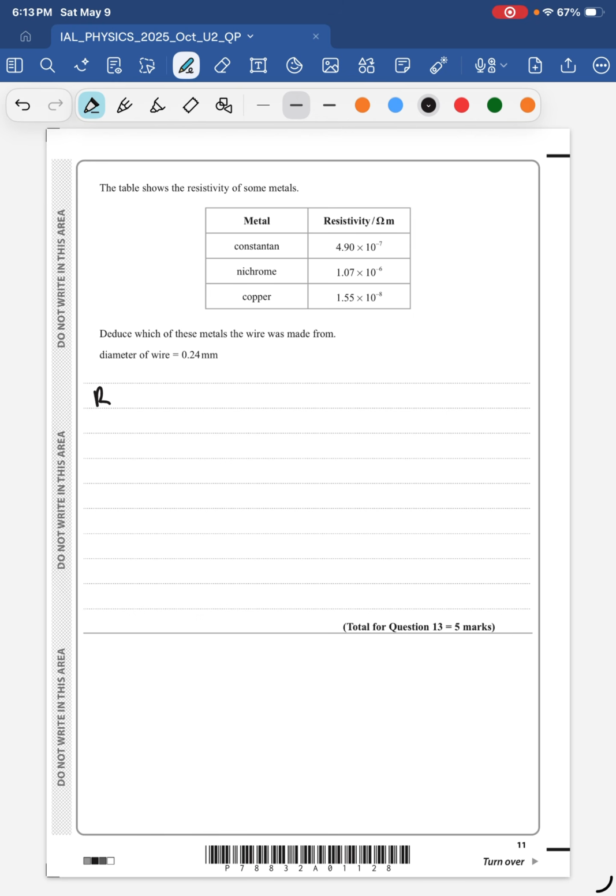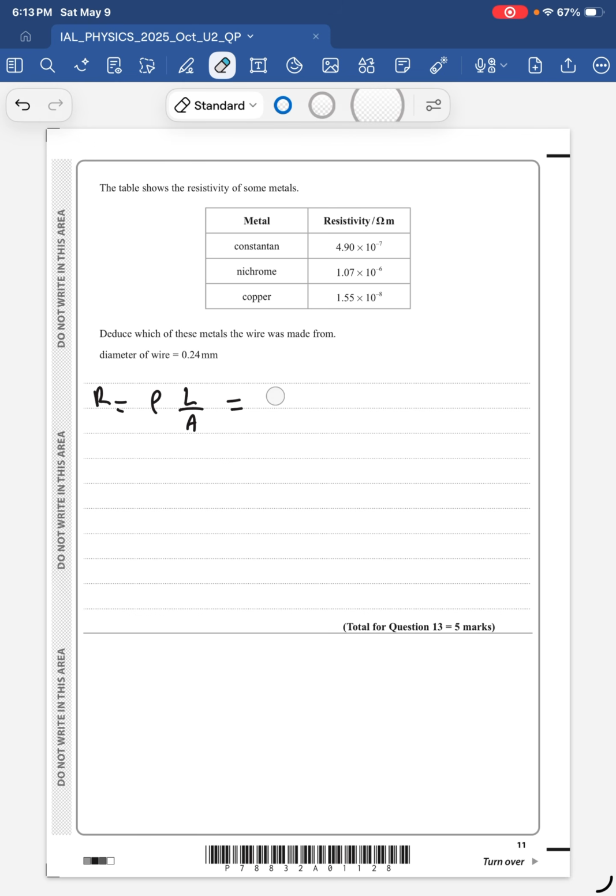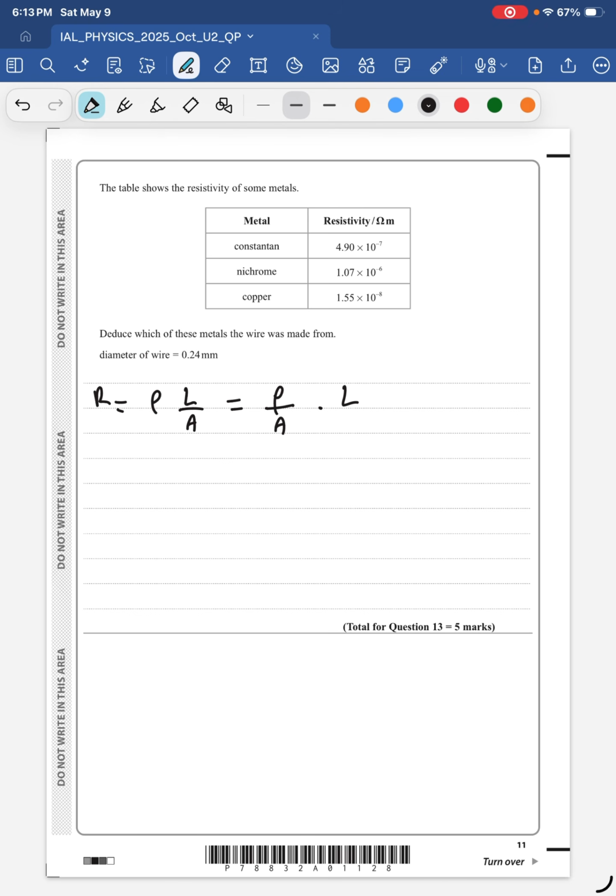Okay, so the resistance is equal to the resistivity times length over cross-sectional area. Okay, which you can write as rho over A times L. Okay, so the gradient is going to be equal to the resistivity over A if R versus L is plotted.